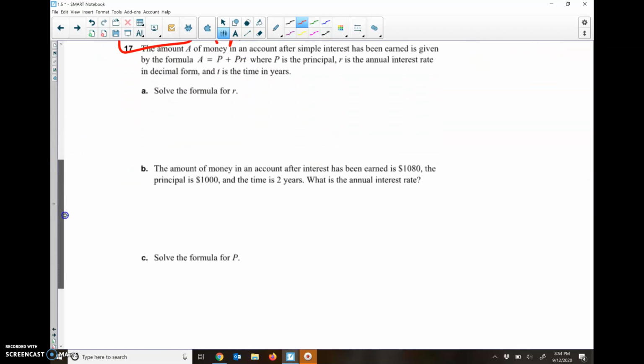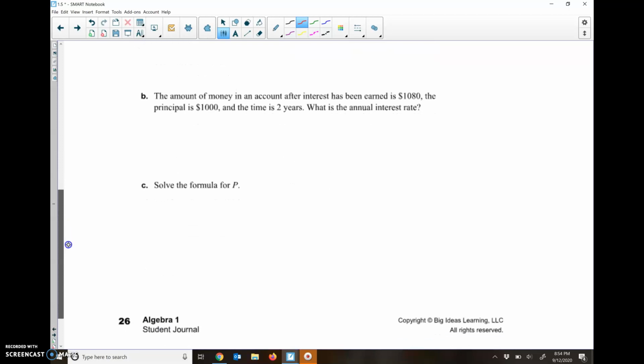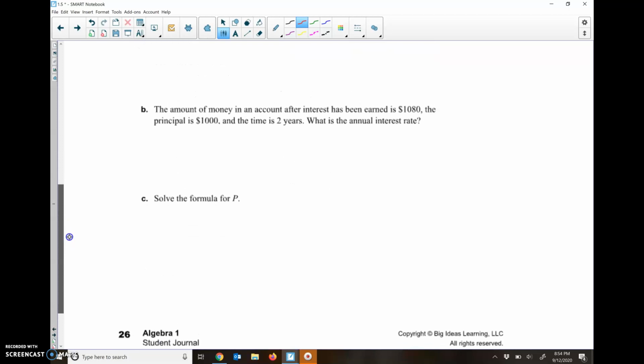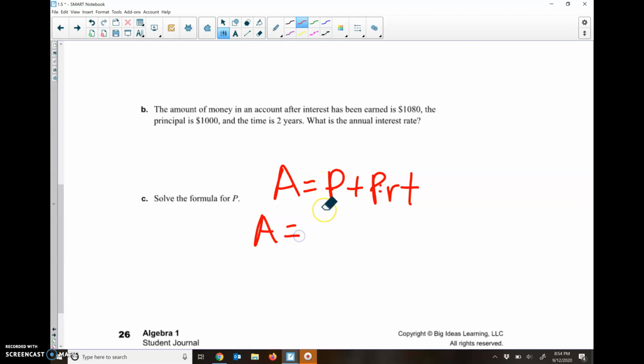And then let's look at some of these ones down here. We have that formula up on top. So it was A equals P plus PRT. Same thing, I have a P and a P here, so I'm going to undistribute a P. Kind of tricky here.